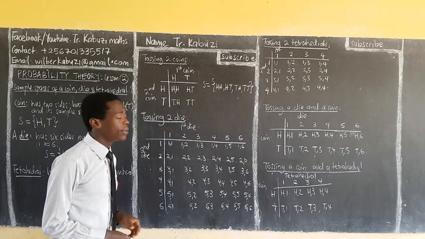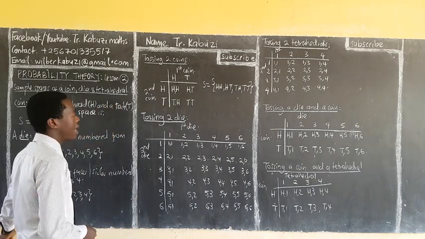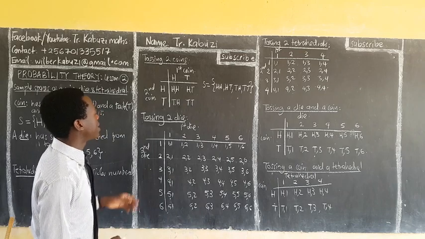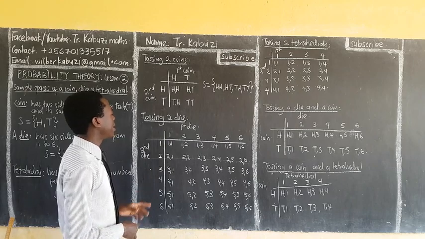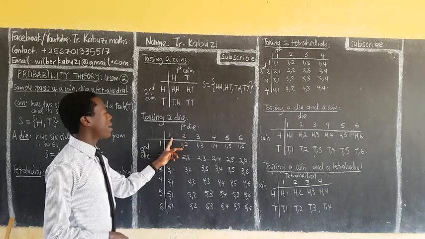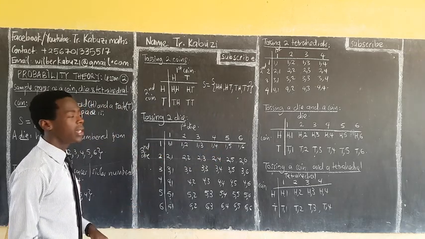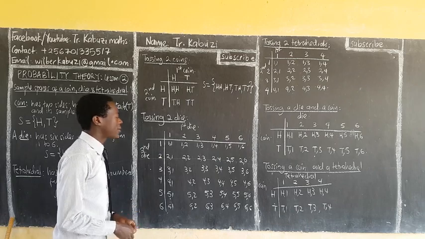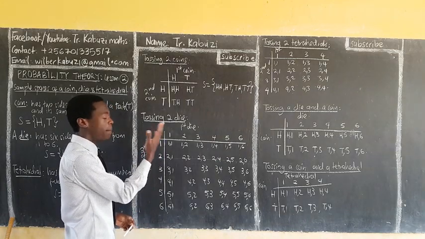The plural of a die is dice. So when I toss 2 dice, this is how we write the sample space. The first die is numbered from 1 to 6, and the second die is also numbered from 1 to 6. So what are the results? The first die can produce a 1 with the second producing 1, 2, 3, 4, 5, 6.